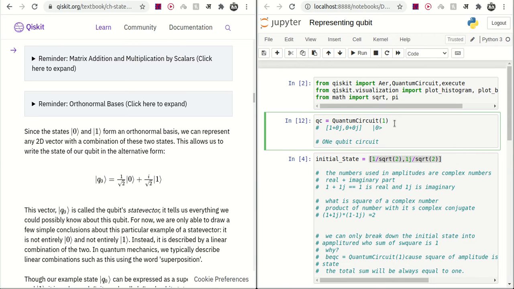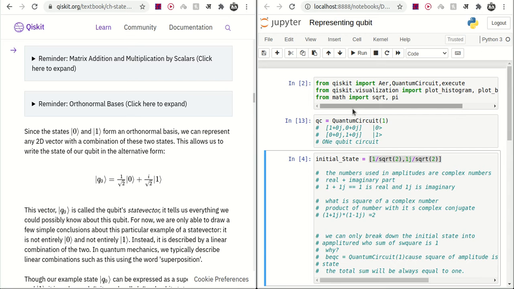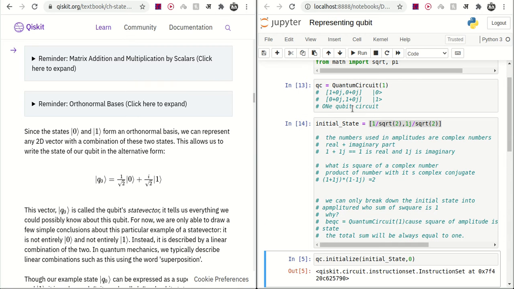And if we want to initialize with 1, it is 0 plus 0j, comma, 1 plus 0j, so this is state 1. If we want to initialize it with this state, we can do that.